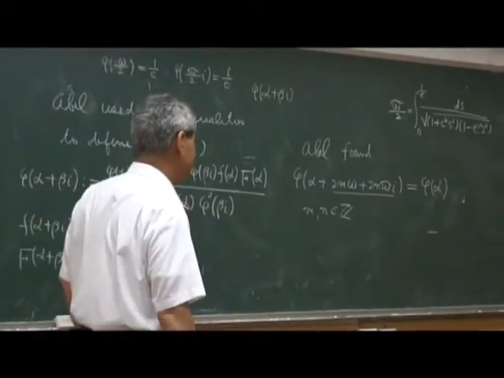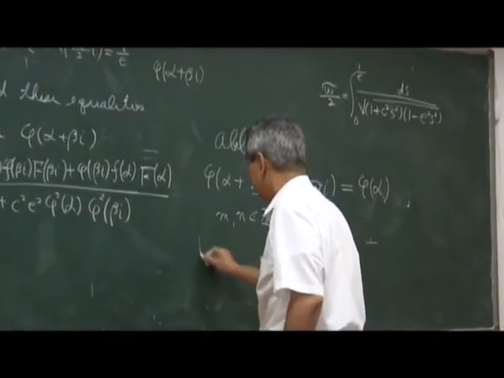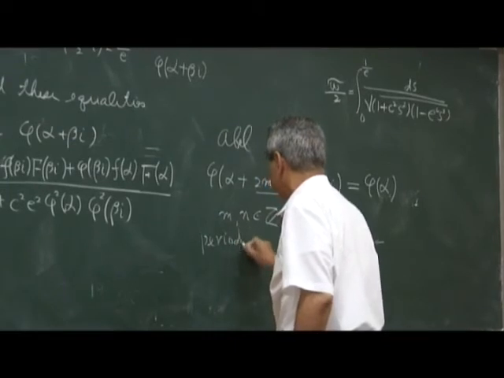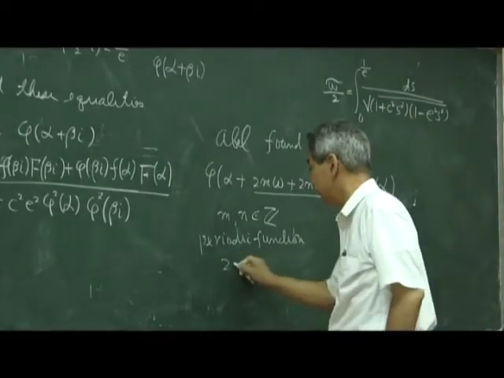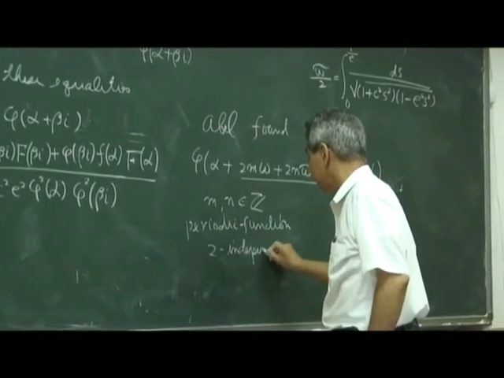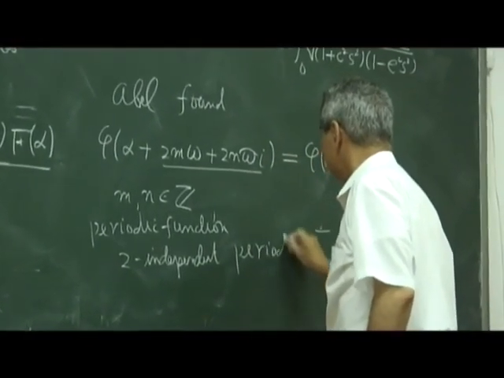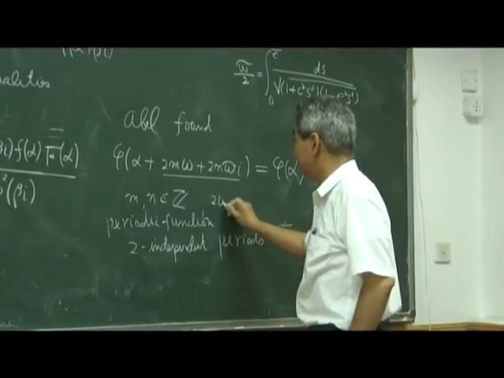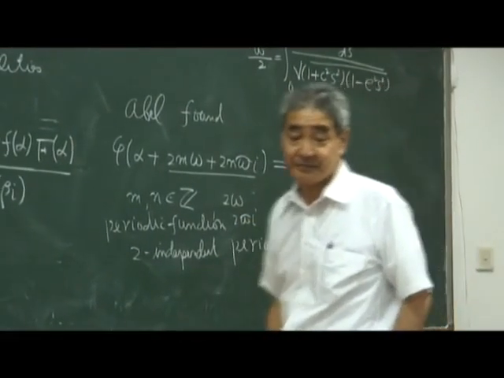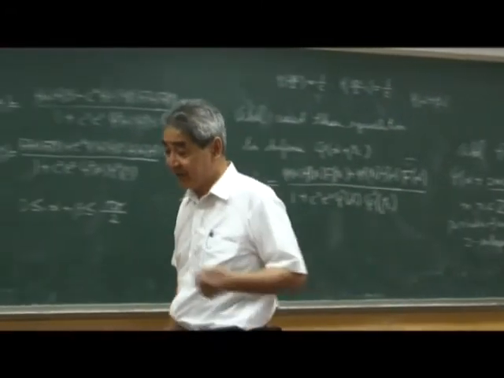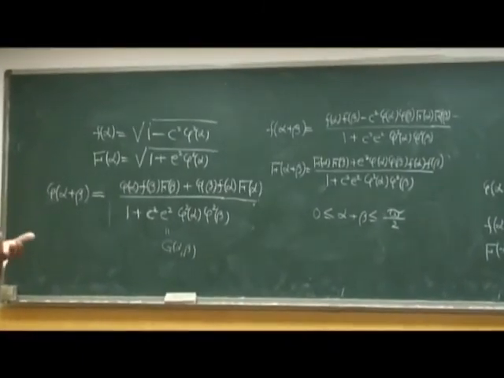So here, for the first time, people know that there is a periodic function with 2 independent periods, because 2 omega is real and 2 omega tilde I is purely imaginary. So for example, the sine function, cosine function is a periodic function, but its period is just a multiple of 2 pi.